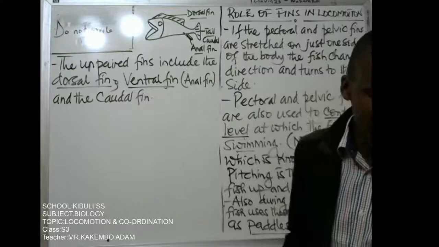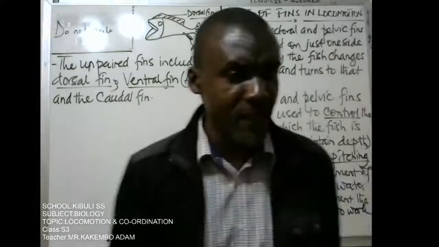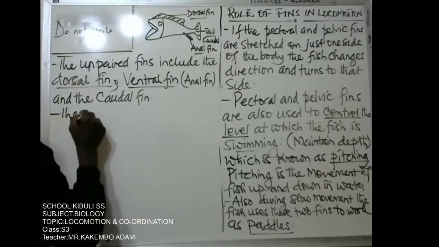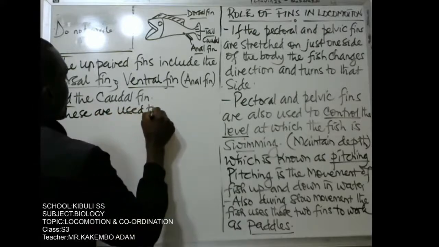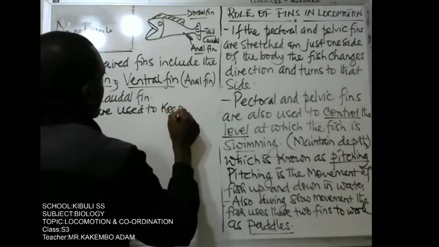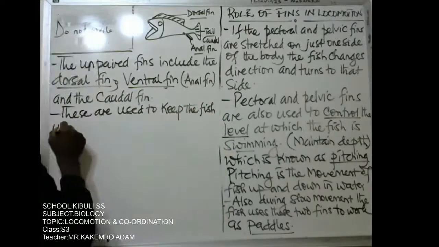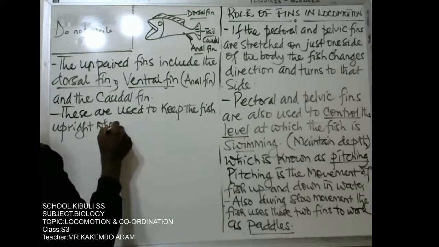So the unpaired fins, how do these benefit or play a role in locomotion in fish? These are used to keep the fish upright in water.